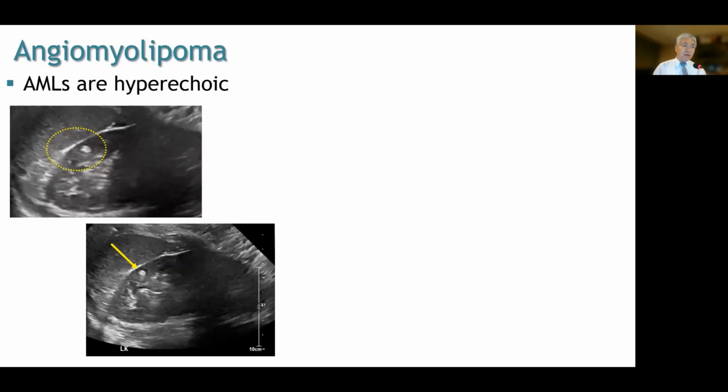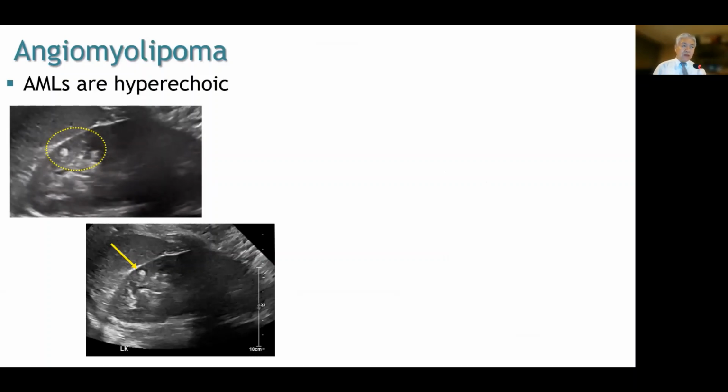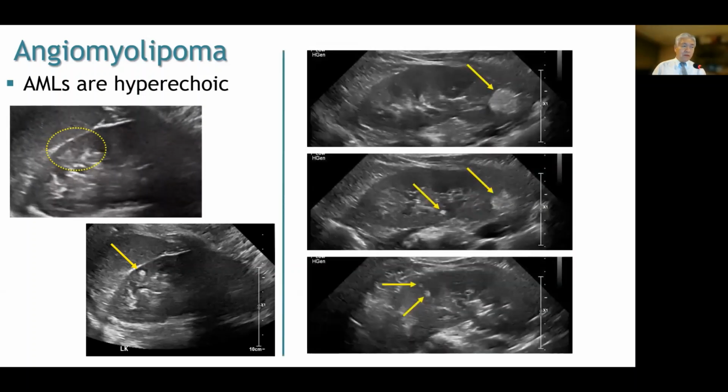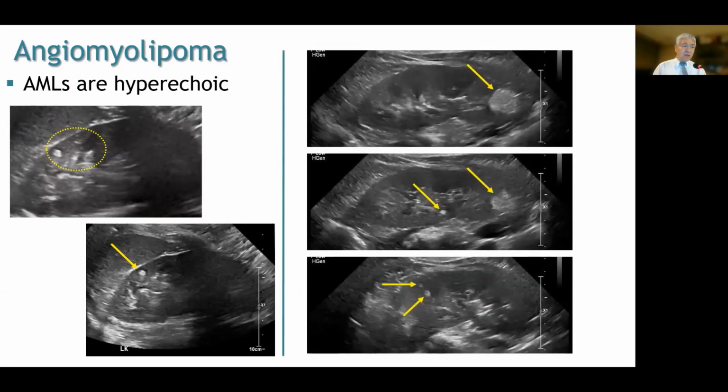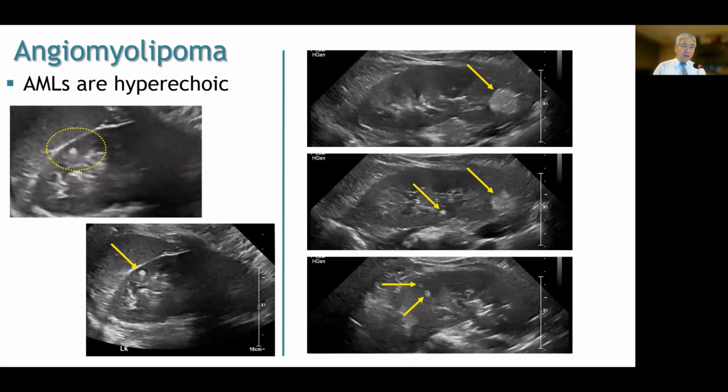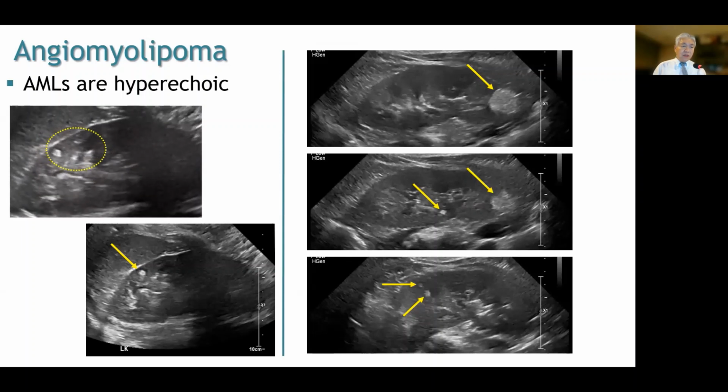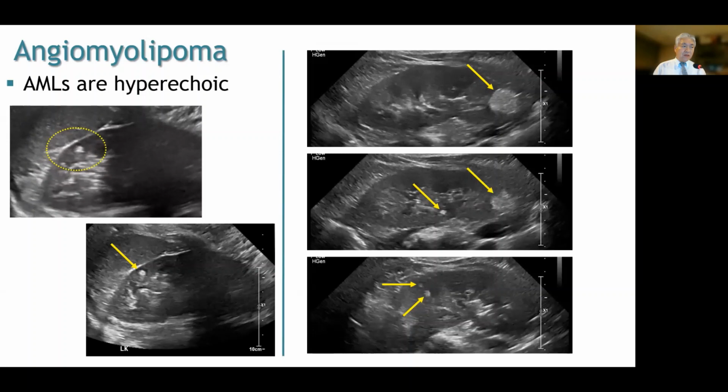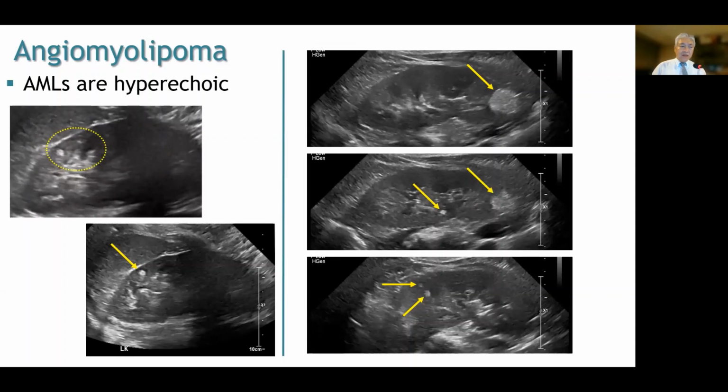Angiomyolipomas are typically hyperechoic, usually single, but sometimes multiple. The echogenicity of the typical angiomyolipoma is usually higher than the renal sinus echoes, like these lesions.